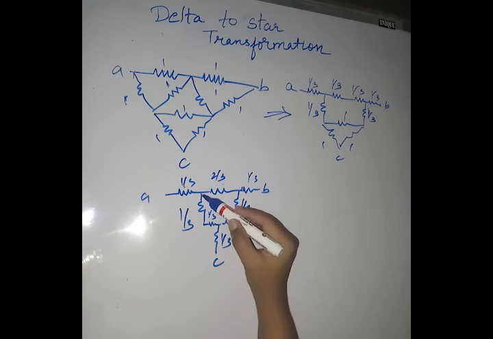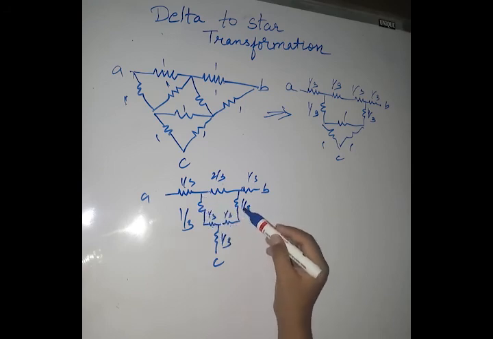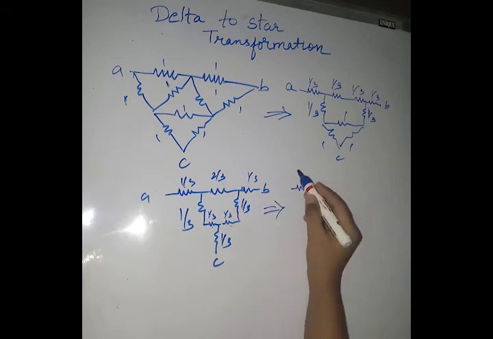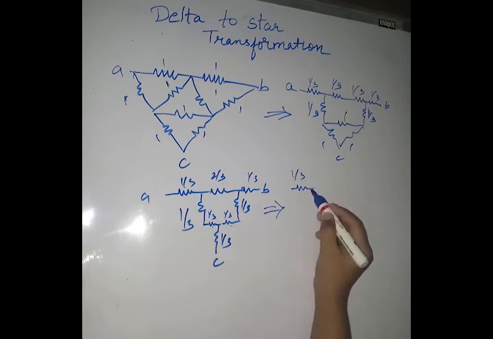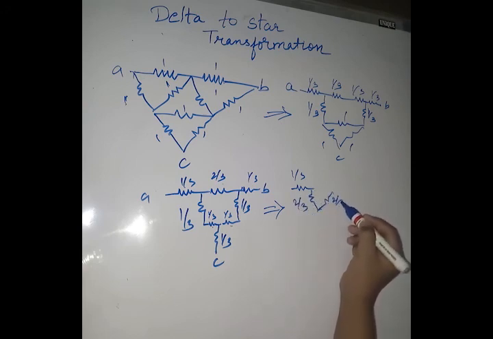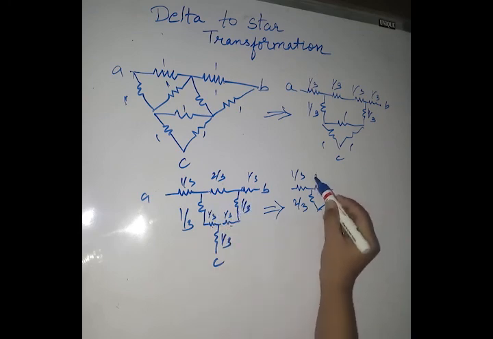So here you can see these two resistors are in series, these two resistors are in series. So it will be 2 by 3, that is 1 by 3, 2 by 3, 2 by 3. These two resistors are converted into 2 by 3, again 2 by 3.